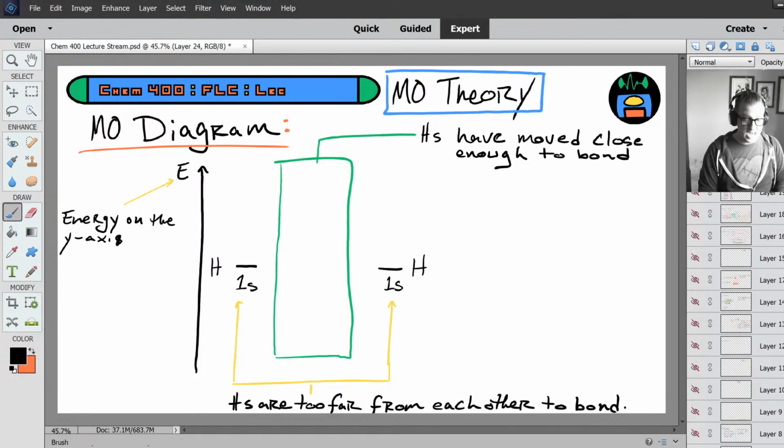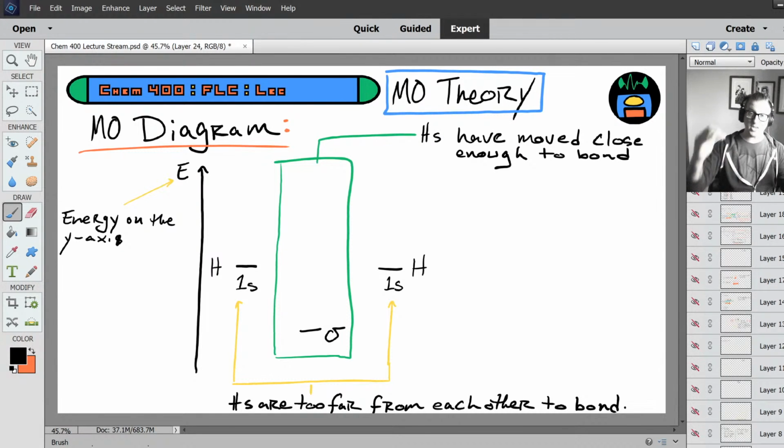We have only been looking at the bonding orbitals that form. When you mix a 1s orbital together with a 1s orbital, we know that you make a sigma bond.